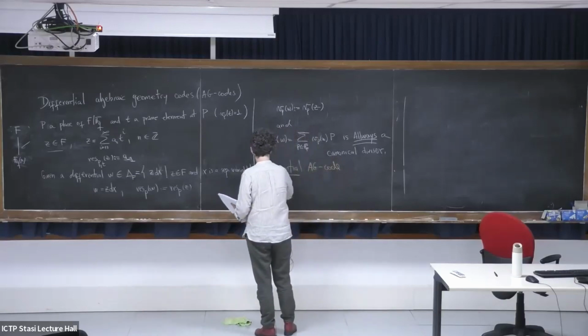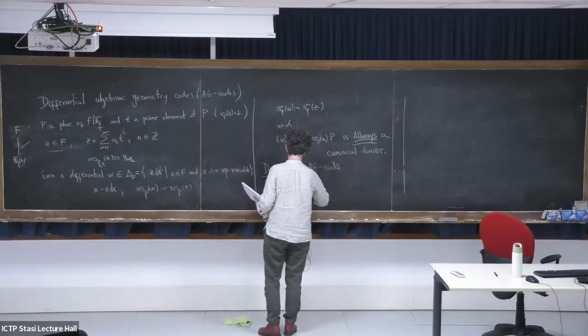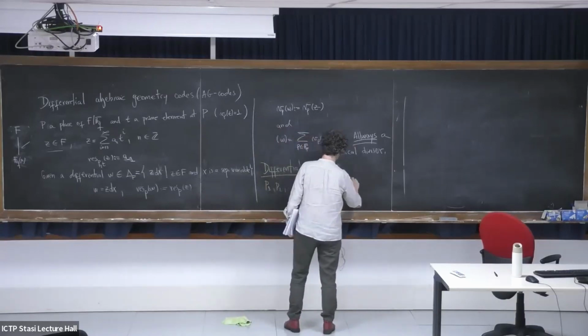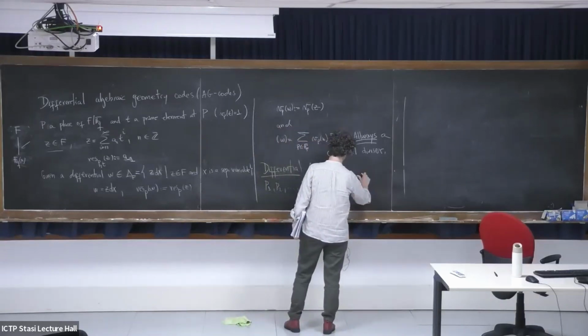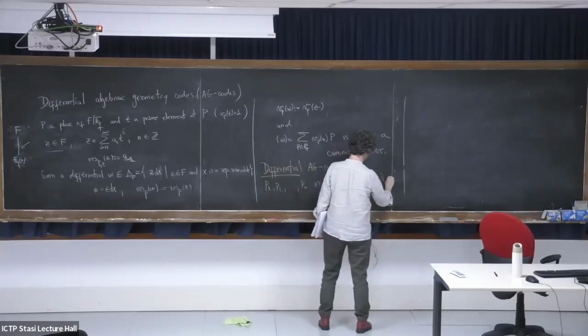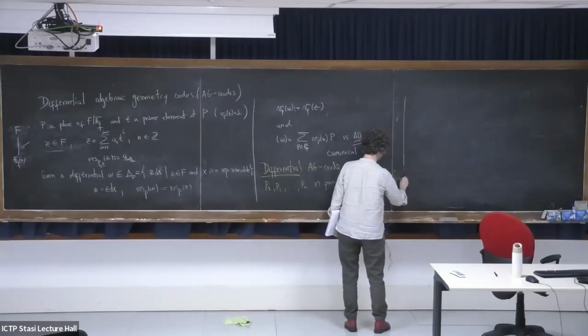So we fix P1, P2, ..., Pn, pairwise different rational places in a function field.